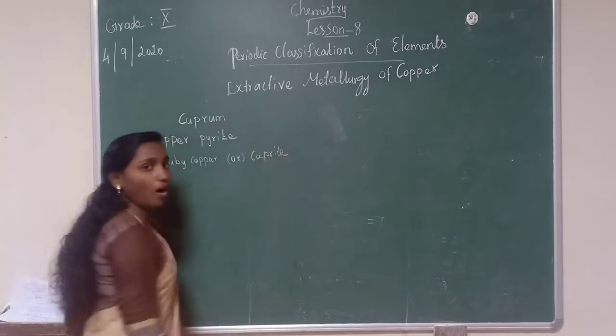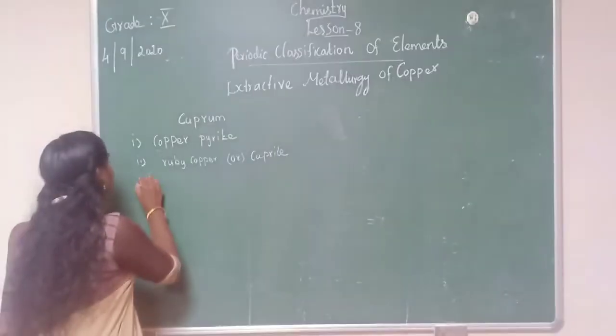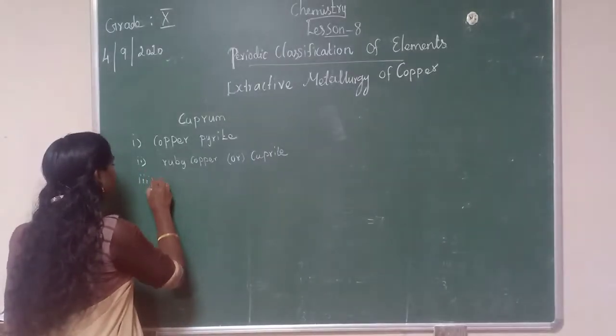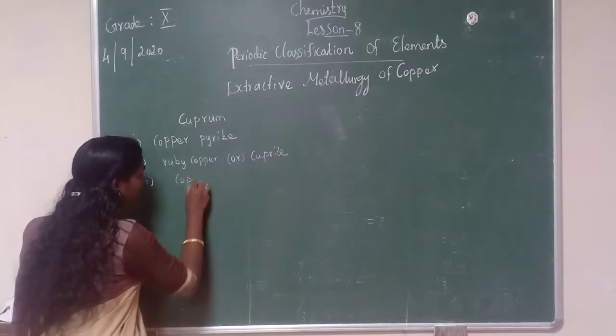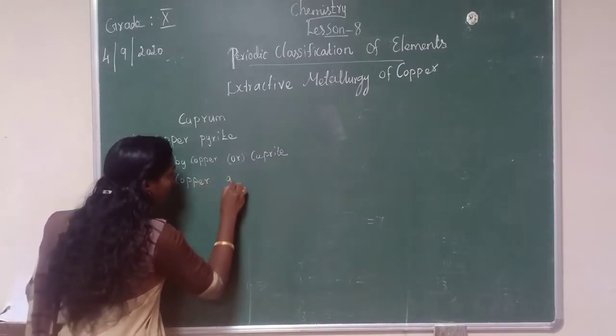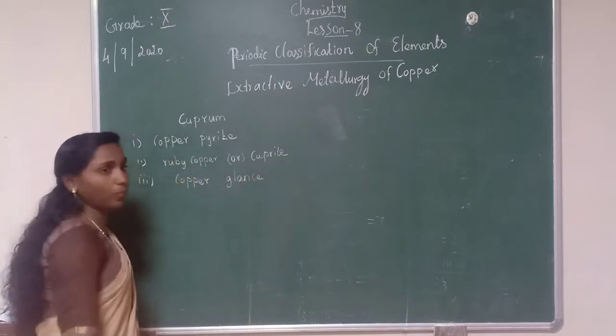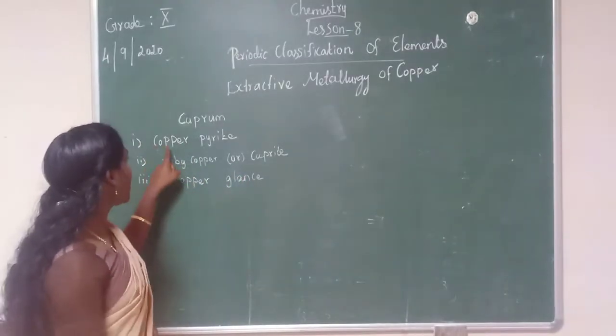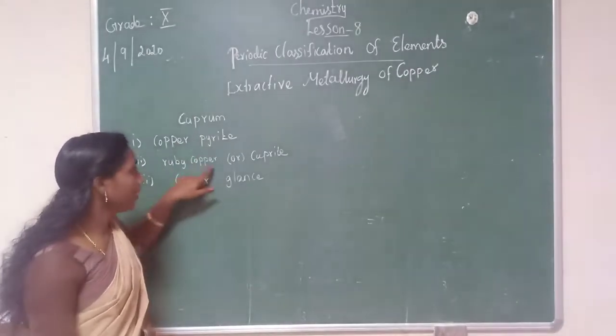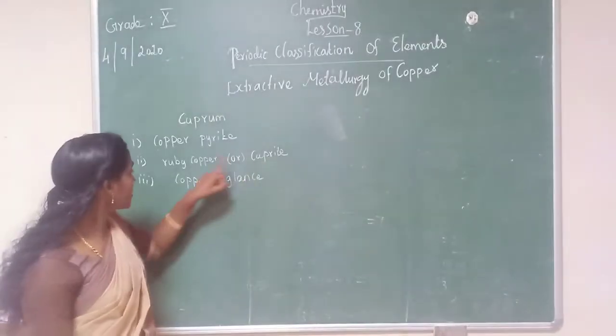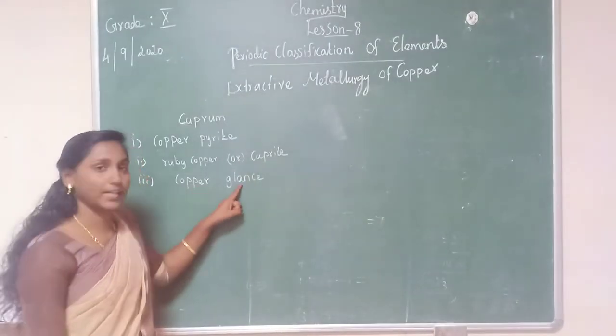Then the third ore is copper glance. So what are the ores of copper? Copper pyrite, ruby copper or cuprite, then the third one, copper glance.